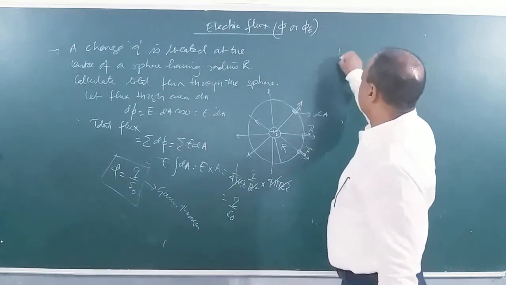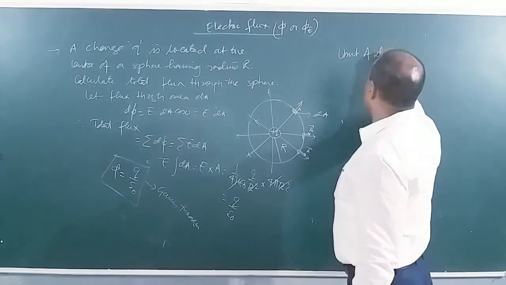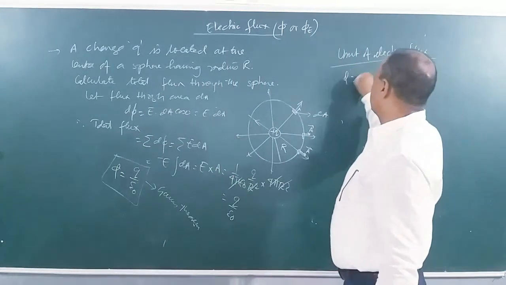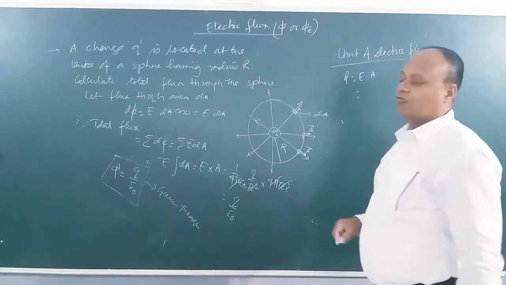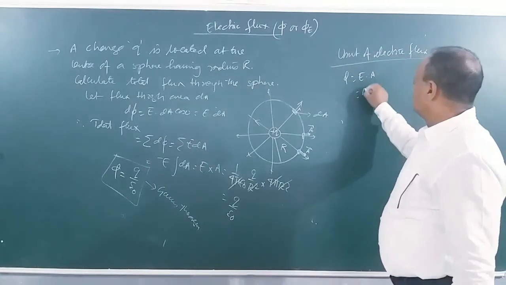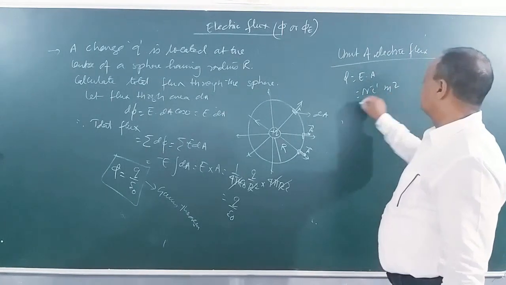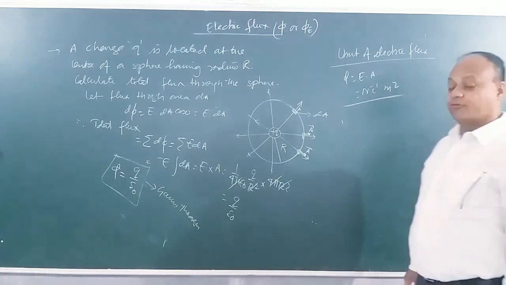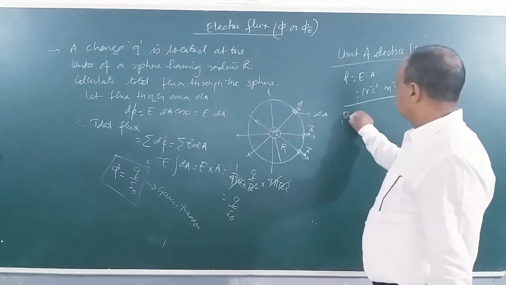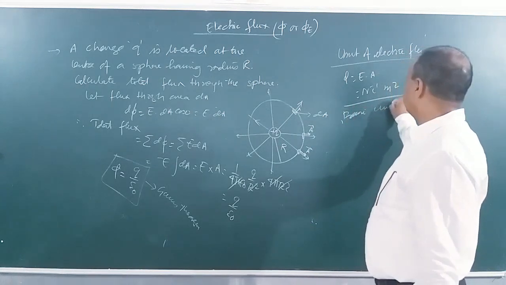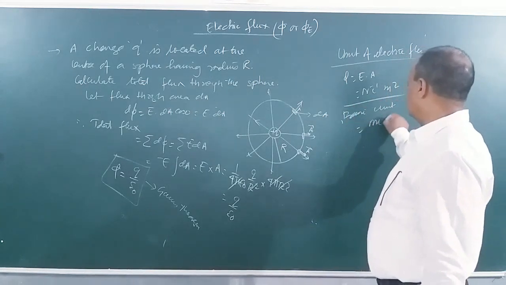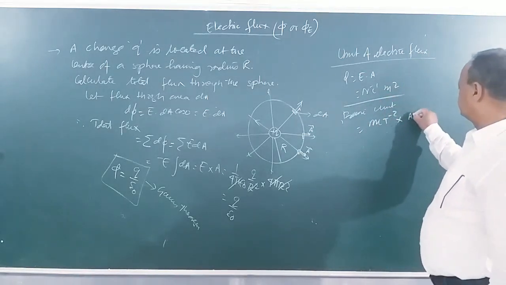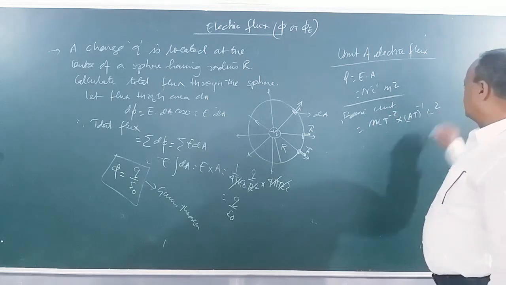Now, what is the unit of electric flux? Electric flux phi is E into A. What is the unit of electric field? Newton per coulomb. So the unit is newton meter square per coulomb. You can write this very easily. And if you want to find the basic units, children, force is M L T to the power -2, coulomb is ampere into time, and meter square is L square.